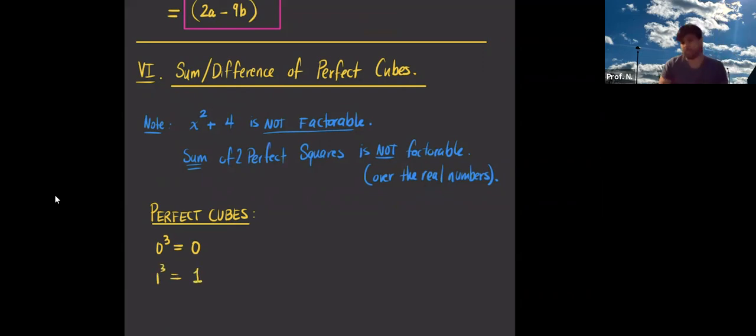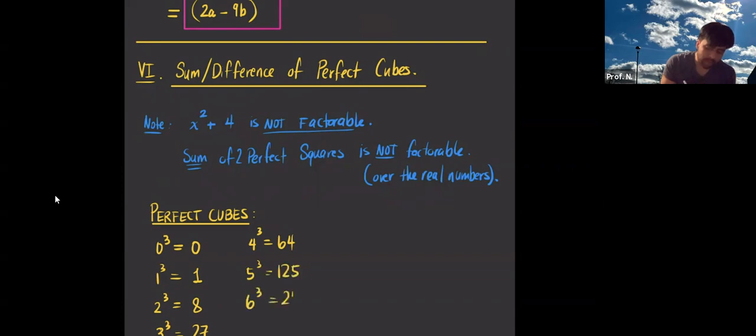So 1 and 0 are both perfect squares and perfect cubes. Of course, 0 is not that special a number, at least not for this. 2 cubed is 8. 3 cubed is 27. 4 cubed is 64.